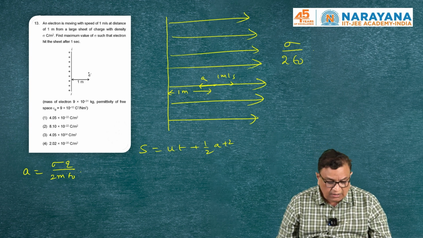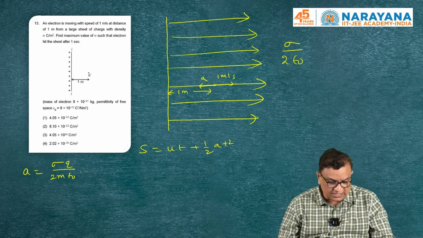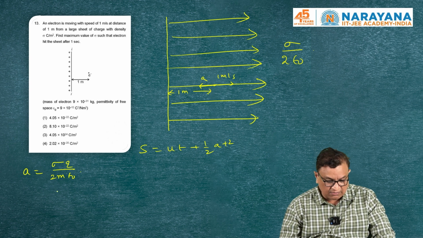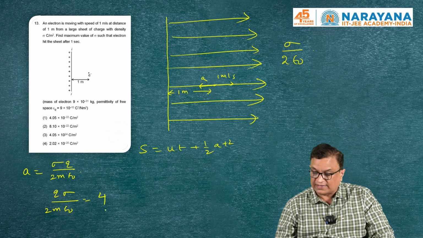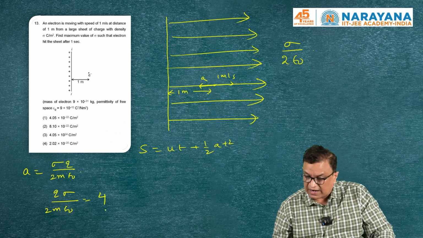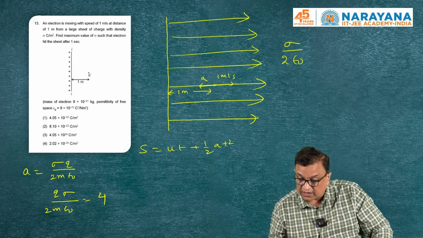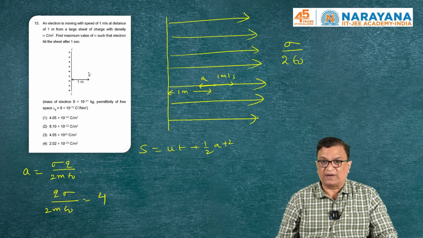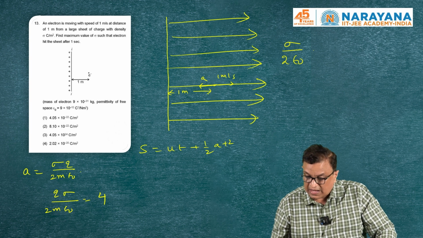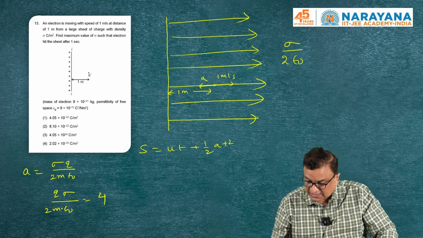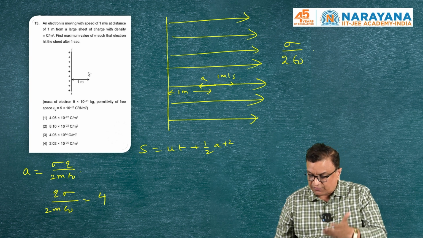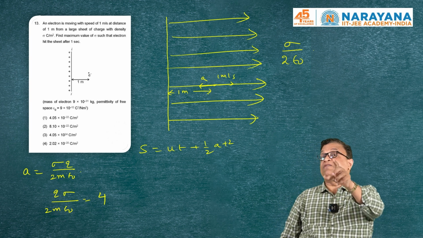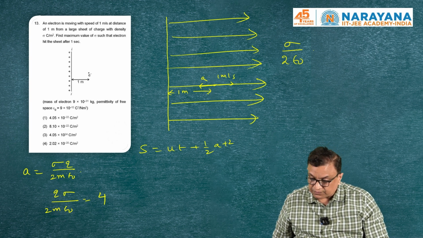With that data, you will get the acceleration term, q sigma by 2m epsilon naught, by solving which you will get 4 as the answer. So what data have they given? The charge q, 1.6 into 10 power minus 19, and the rest mass is also known to you, epsilon is also known to you. So by substituting properly, you will get the value of sigma.